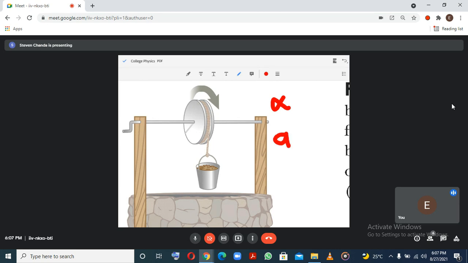We know these two have a relationship. Angular acceleration is the translational acceleration over r. So we have that equation.